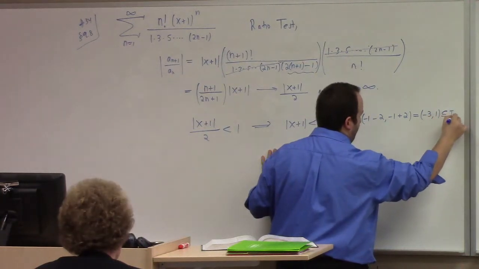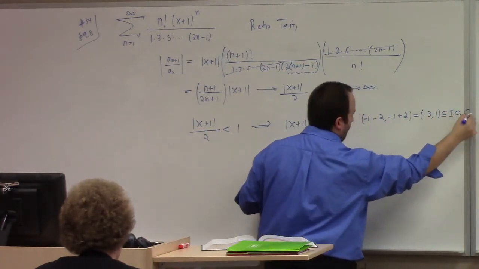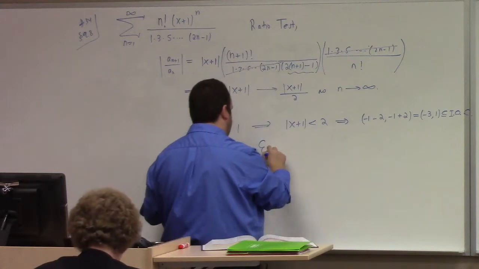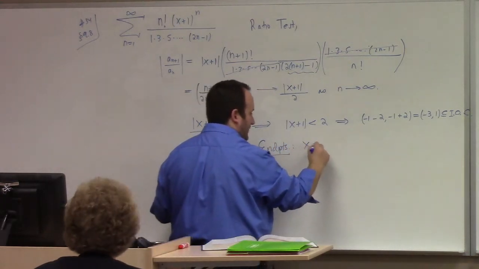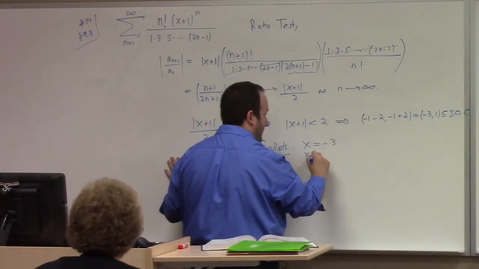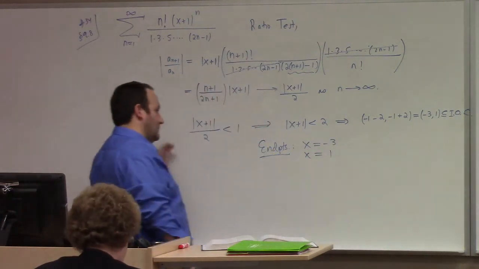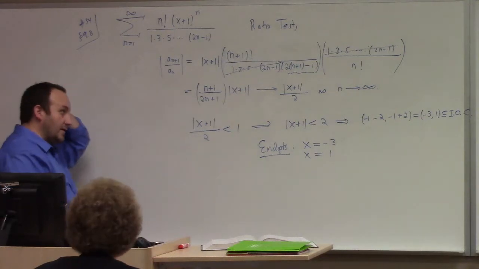It has to be a subset of the IOC. So my endpoints to check are x equals minus 3 and x equals 1. So far we agree? Okay.